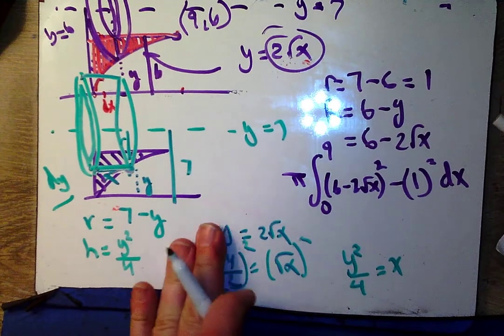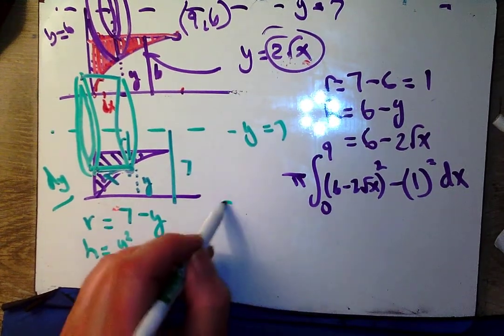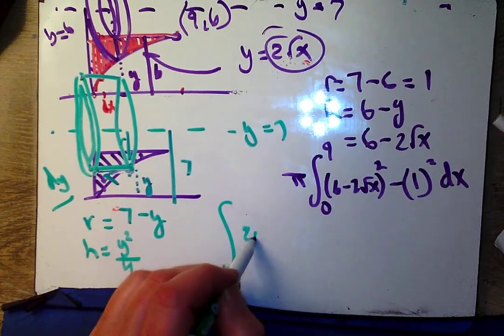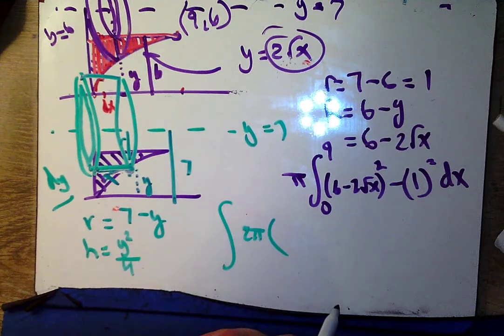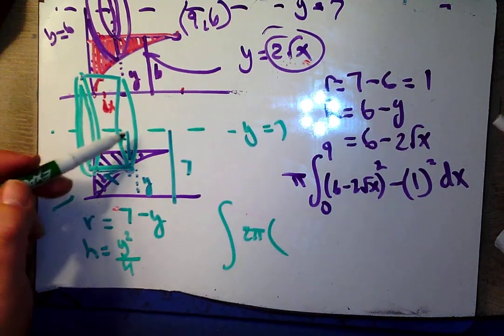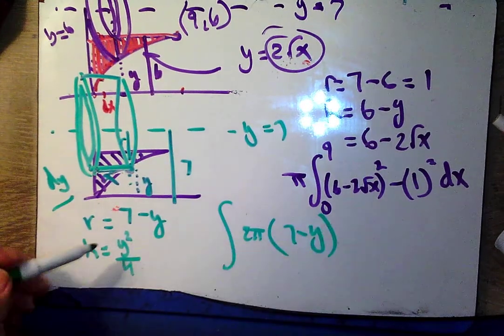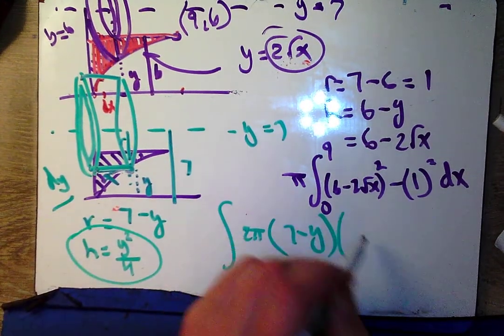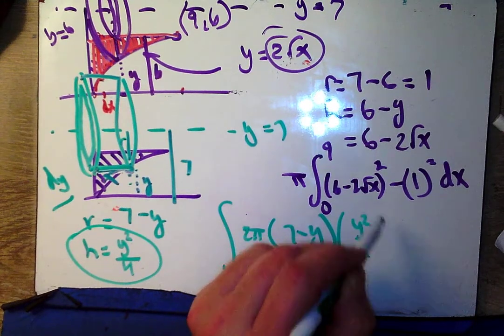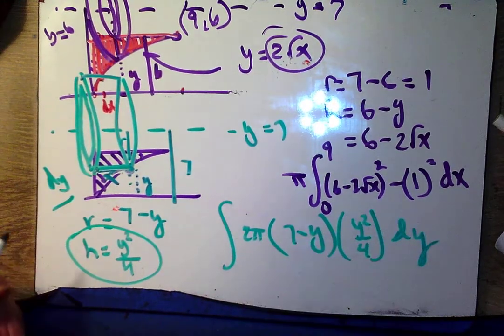Okay, so what's that integral going to look like? We're going to pi the radius here was 7 minus y, and the height was y squared over 4 dy.